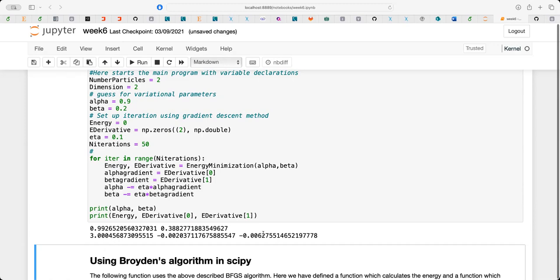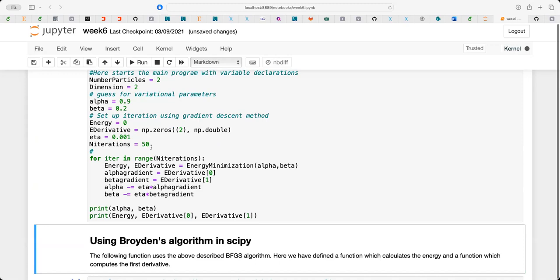And you see now that the derivative is actually better. So 10 to the minus 1 is a better choice than 10 to the minus 2. If I make it even smaller, you will see then that you will barely move. So let's see what happens then. You saw now that the derivatives were actually 1 order of magnitude smaller.